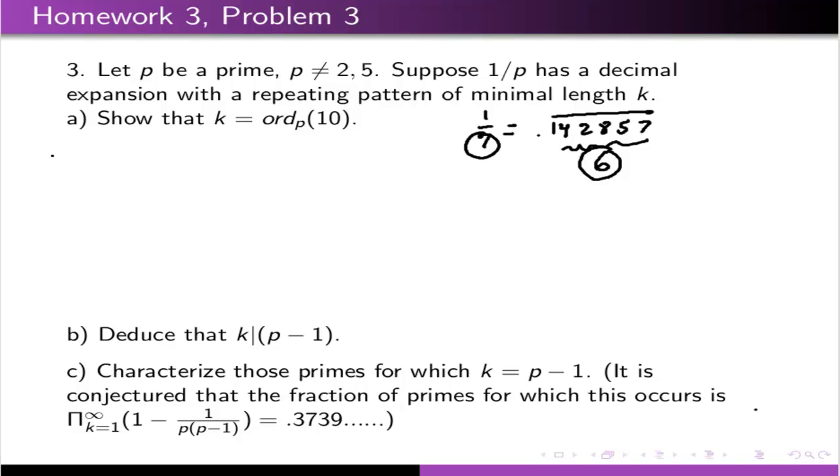Now, a priori, there could be some initial digits, and then the repeating cycle begins like that, and k is the minimal length of the repeating cycle. So we'll just put a bar over the digits a_1 through a_k.